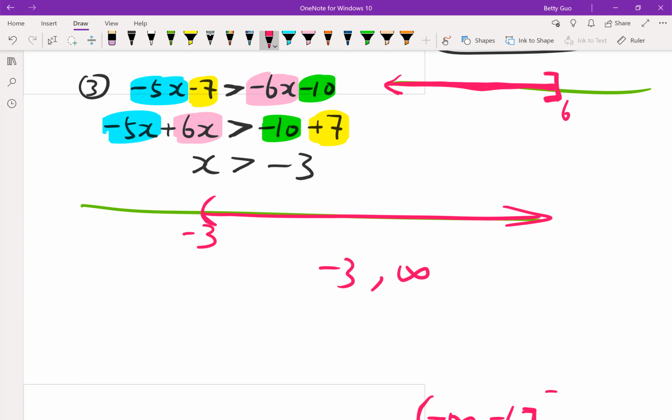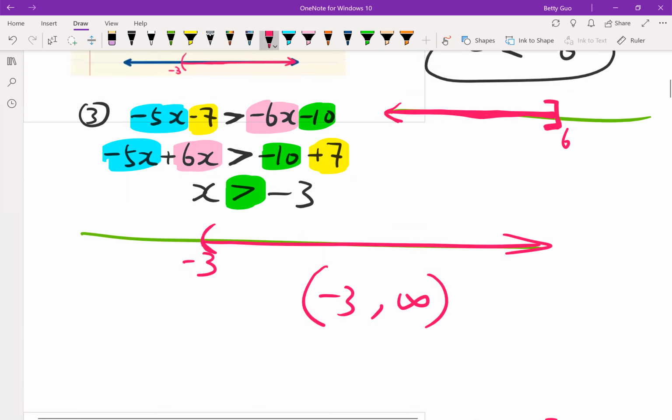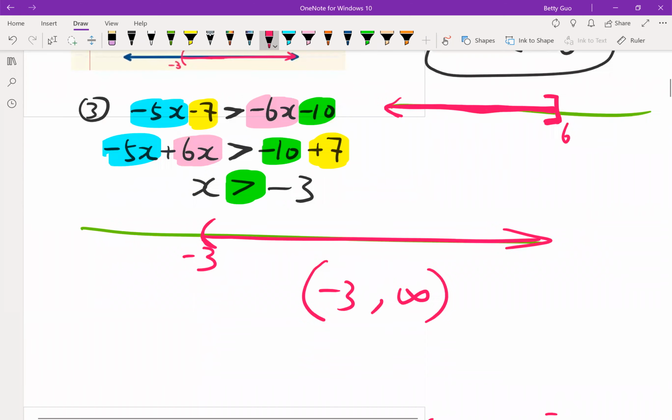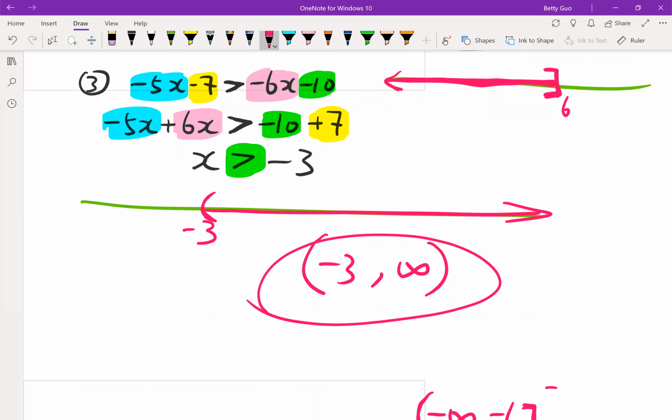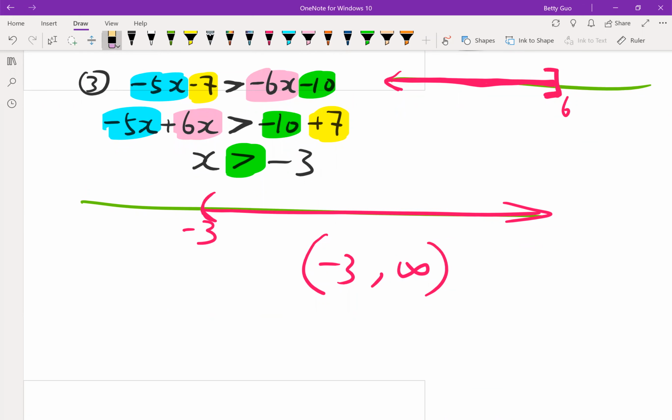For the left endpoint, we have a parenthesis because -3 is excluded, because this is strictly bigger than. At the right endpoint, infinity, we use a parenthesis again. So the result is -3 to positive infinity. From A, B, C, D, you're going to choose this one as the correct answer. Questions? Any questions?